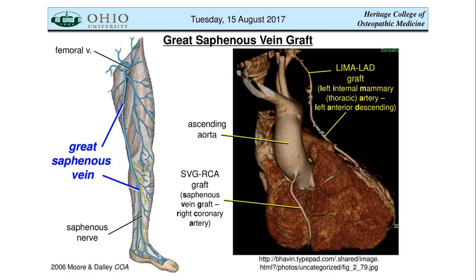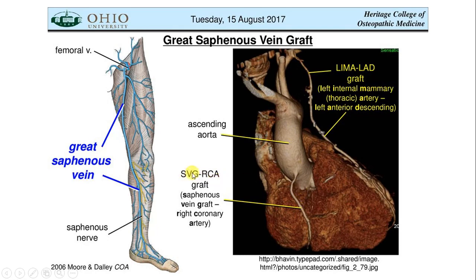The great saphenous vein can also be taken out as a vein graft. Here is shown the great saphenous vein. It can be taken out right from the ankle up to where it joins the femoral vein. So this whole great saphenous vein can be removed. And here we see in this way it can be placed as a graft. One end is attached at the aorta and the other on the right coronary artery.